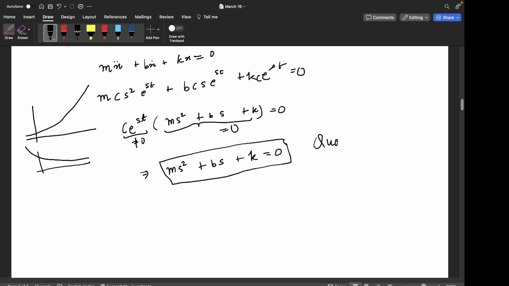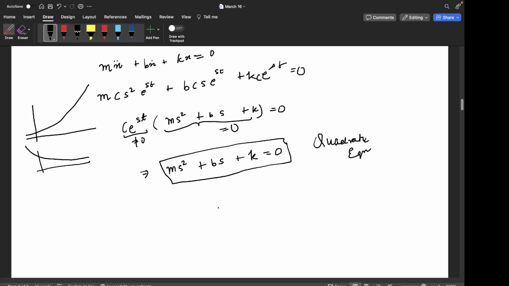So for this quadratic equation we write, I denote the two roots, that's the maximum number of roots possible.